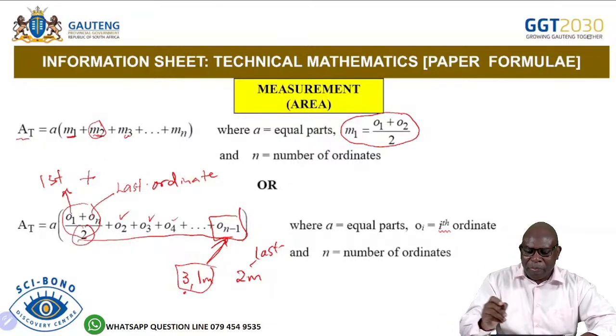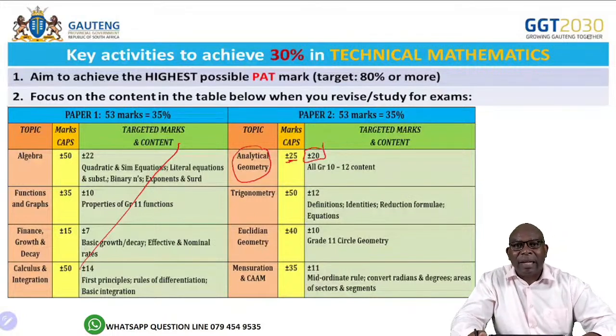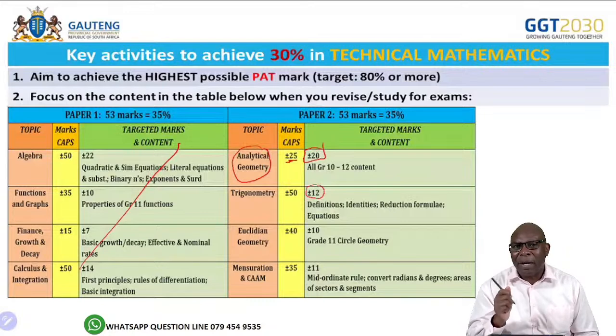So let's see. I'll say this is paper 1, which you have done last week. Now in paper 2, I've got analytical geometry, which is 25 marks. If I target at least 20 out of that, then I'm getting there. In trigonometry, 12 marks. That's your minimum mark that you must get.